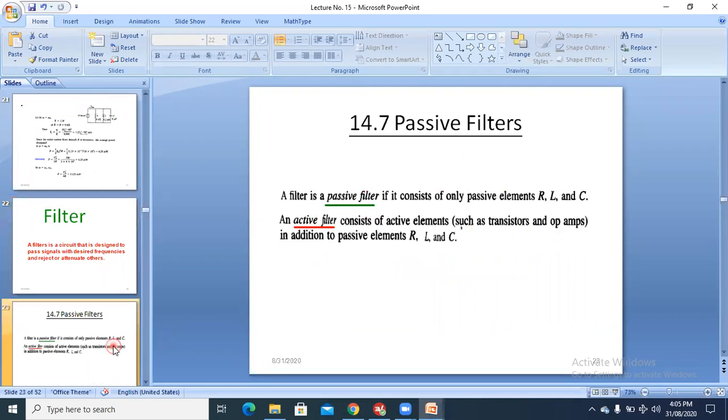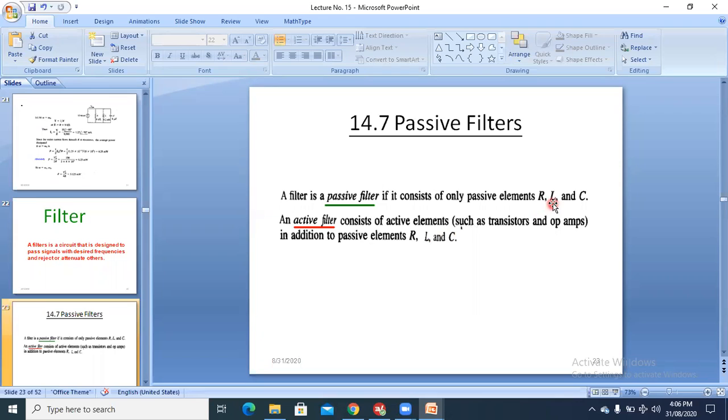So all the RL, RC, and RLC circuits are passive filters, but we also have active filters in which we have op-amps and transistors. This type of filter is most commonly used.